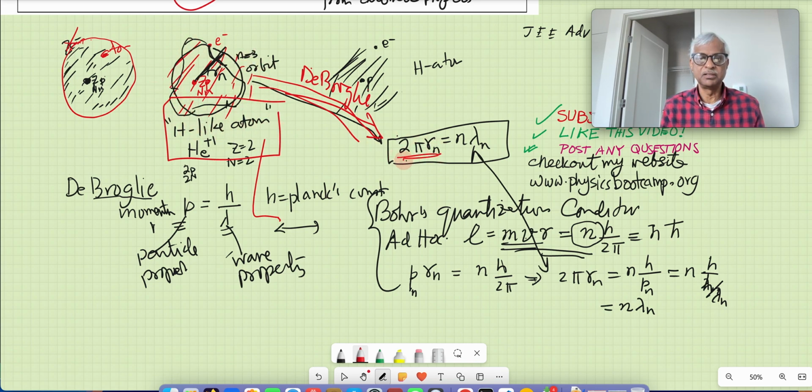You go all the way around one circumference in the nth orbit, and you pack n times the wavelength. And another de Broglie thinking for every particle: momentum and wavelength are inversely proportional. Their product, p times lambda, is h, the Planck constant.